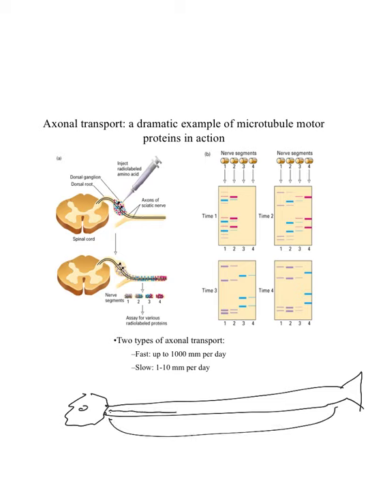The axon is made up of a bunch of stuff, but one of the key things in there are microtubules. The microtubules, those train tracks, are there to deliver cargo that's made in the soma to the end of the axon where it's needed.